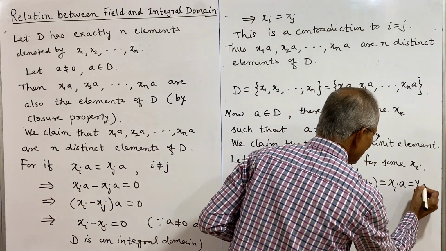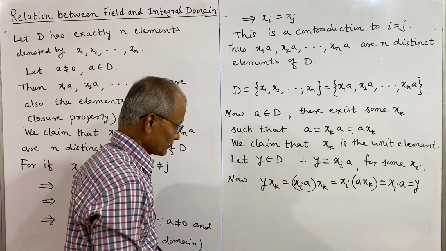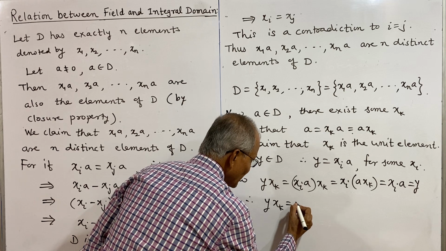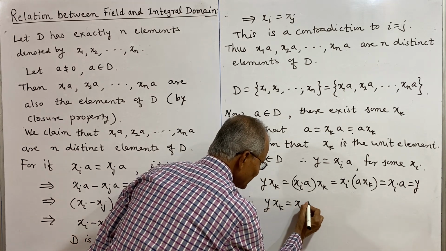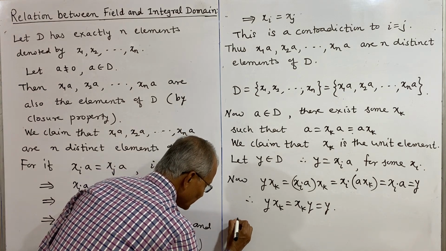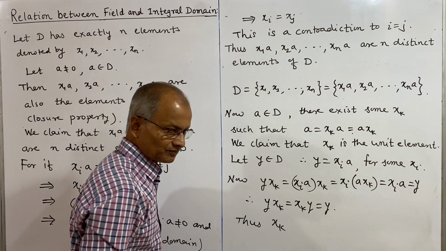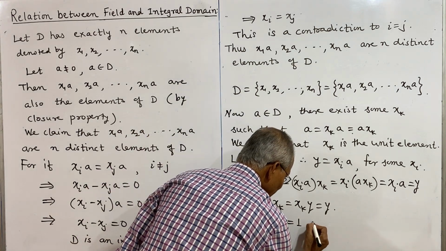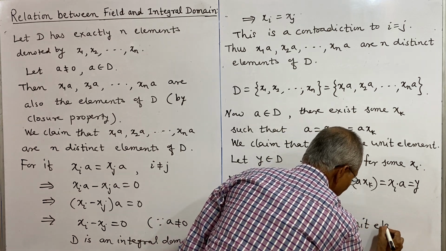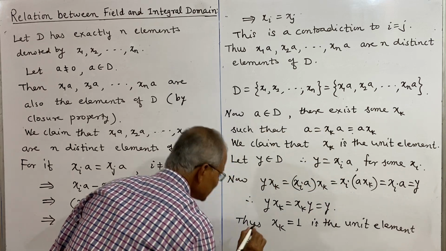So thus we have y into xk is equal to y, or, since it is commutative, xk into y is equal to y. And this shows that xk is the unit element of D, and that is 1.